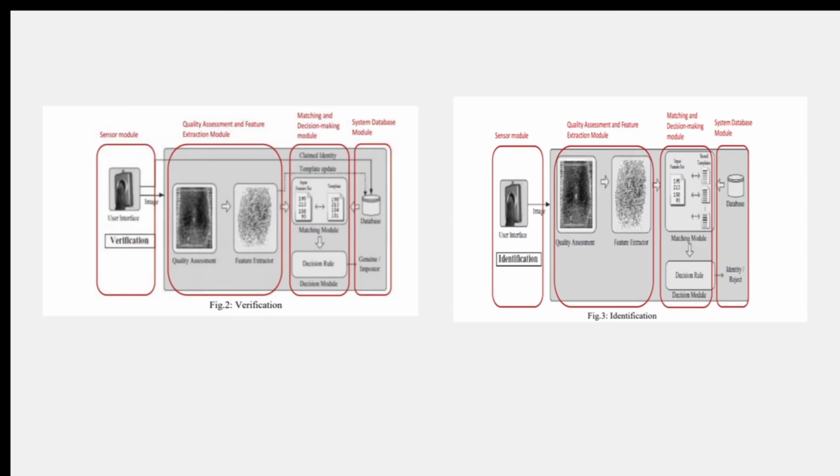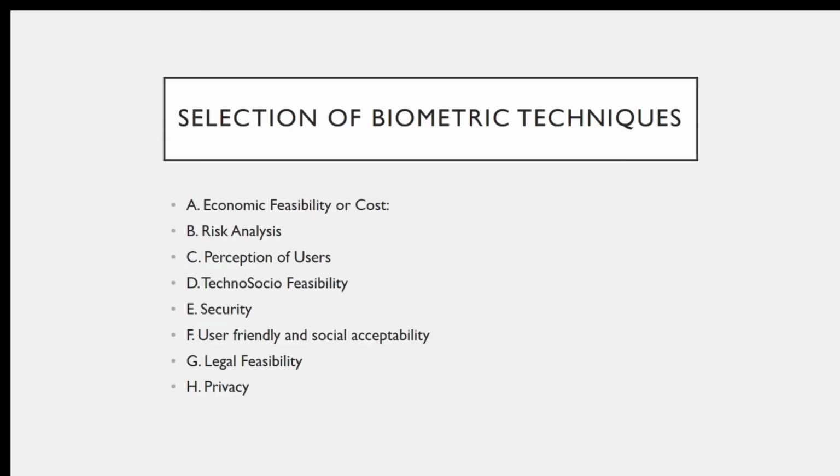Here in the identification phase, the sensor module senses the face and quality assessment takes place. Then the matching phase matches against all the fingerprints in the database. After that the decision gives the result, where the identity can be accepted or rejected. So this is the identification phase.